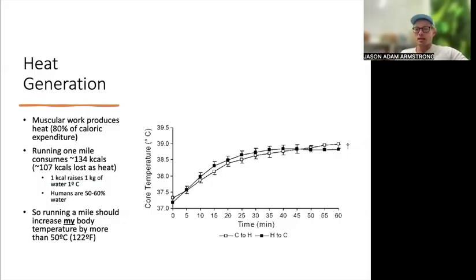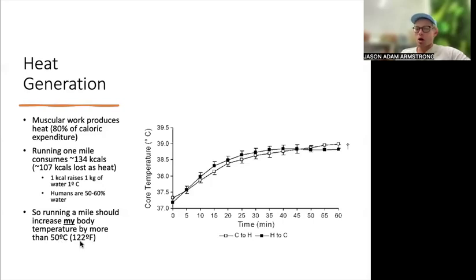So if I take my kilograms, I'm about 75 kilograms, and I multiply that by 50%, I'm looking at about 37 and a half kilograms of me is water. And if I'm generating 107 kcals of heat, that then should raise my body temperature by like 50 degrees Celsius.